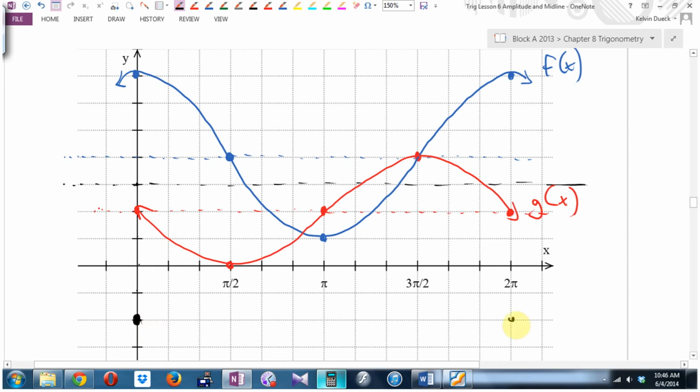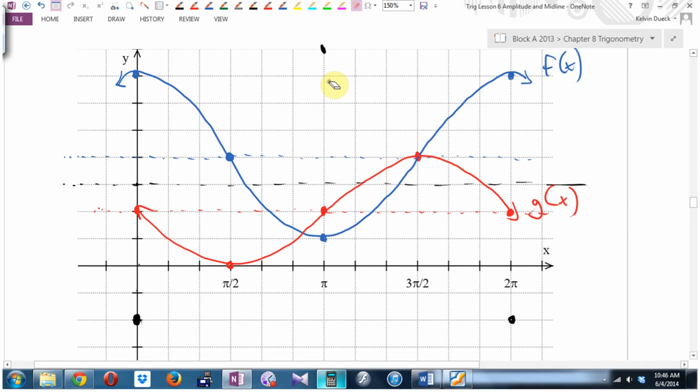And I'll be back to where I started from once I've gone through the period. For cosine, once I've gone halfway, then I'll be at the highest point. What was the highest point? 8. So you're going to say 1, 2, 3, 4, 5, 6, 7, 8. Or I could have counted 1, 2, 3, 4, 5. I could have counted the amplitude from the midline.